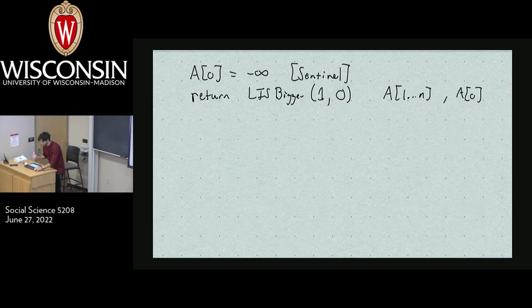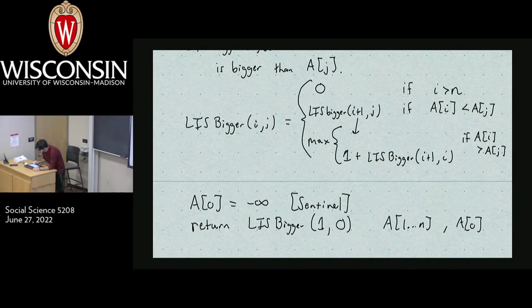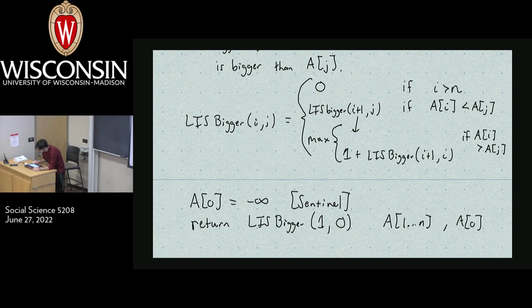Yes? What was the point of adding 1 to the LIS function in the max case? This one? Yeah. We added 1 to our sequence length. So this is if we include A of I. If we decide to add A of I to our sequence, we've added 1 thing to our sequence.